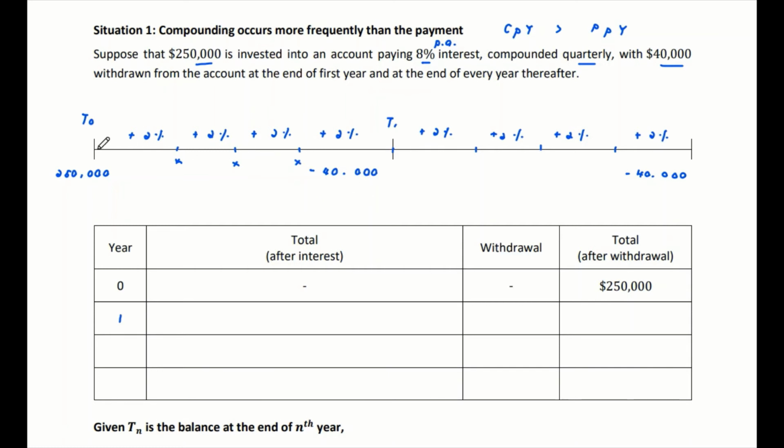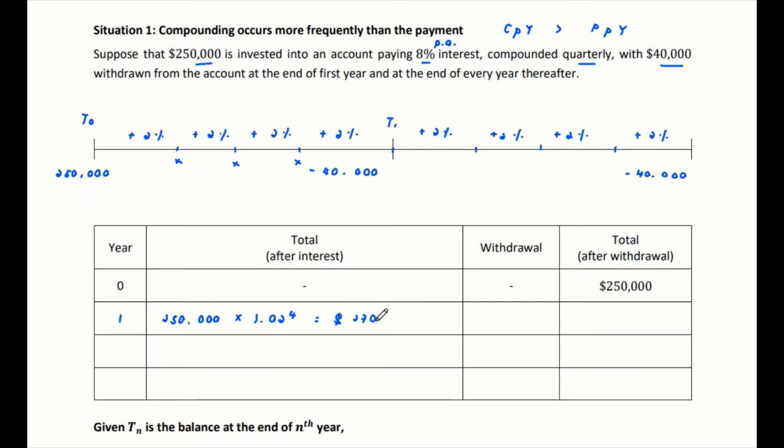So at the end of 1 year, you multiply by 1.02 four times. So the total money in your account is going to be 250,000 multiplied by 1.02 to the power 4.